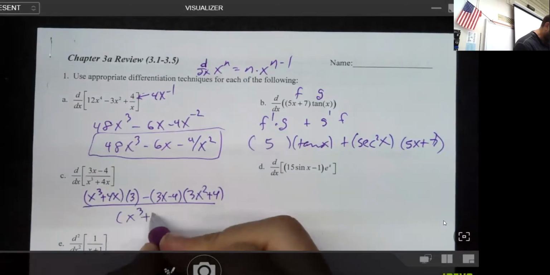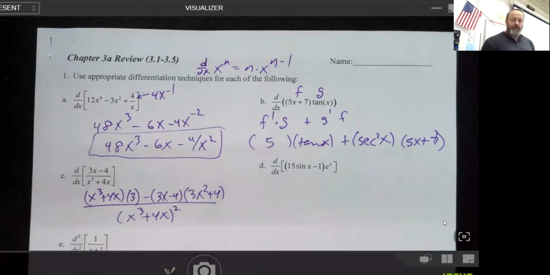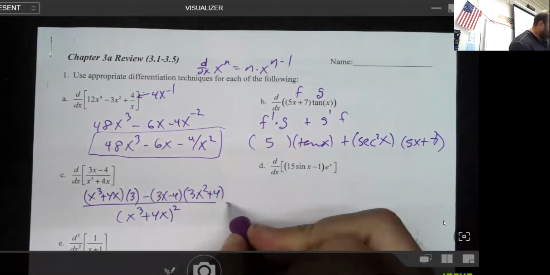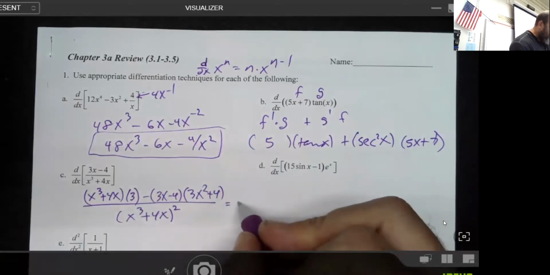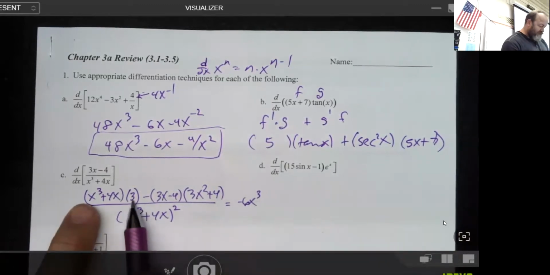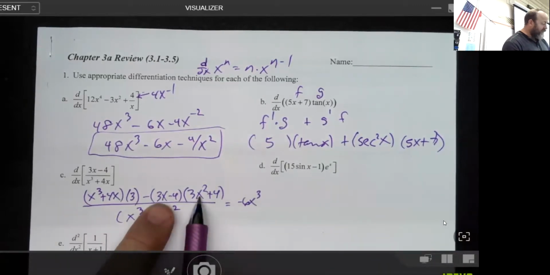Now, this particular problem, I know a couple people did try to simplify it out a little bit. Unfortunately, not much really very good happens in this problem. If you do some manipulation on it, you can get the following out of it. You do have negative 6x cubed because we have 3x cubed here and minus 9x cubed there.